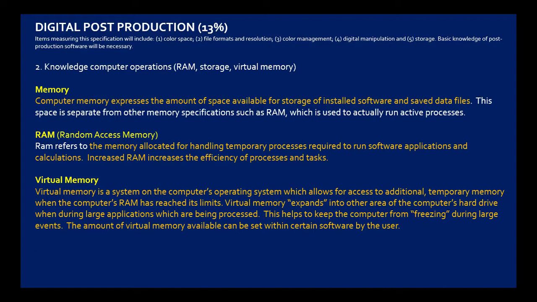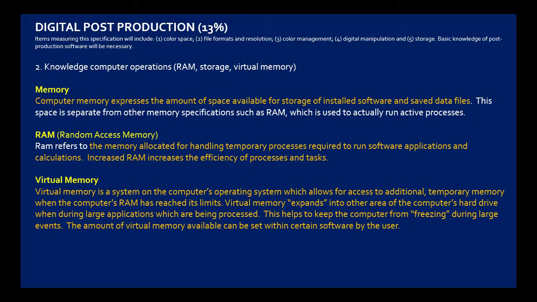So when we talk about the memory in our computer, there's really 3 different types of memory that we'll discuss. The first is just kind of known as computer memory. Computer memory expresses the amount of space available for storage of installed software and saved data files. This is not space that's used during the processing of task on the computer.